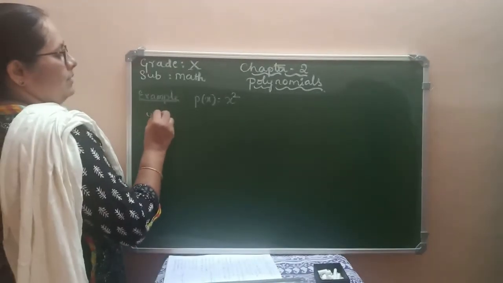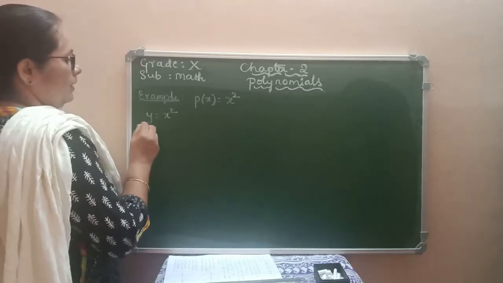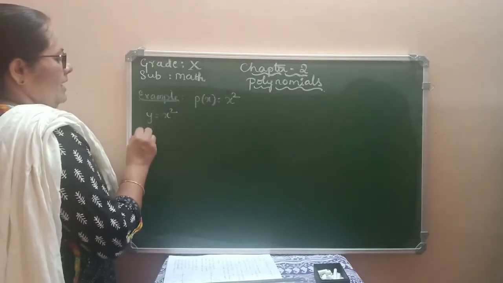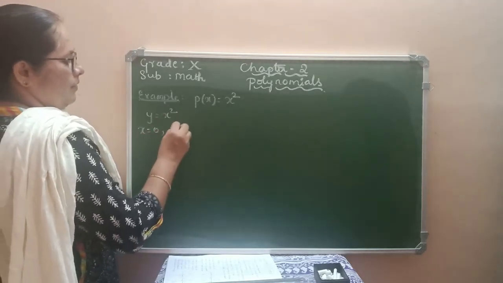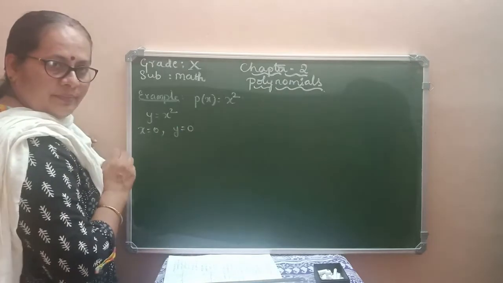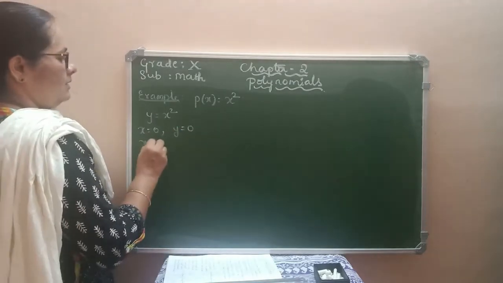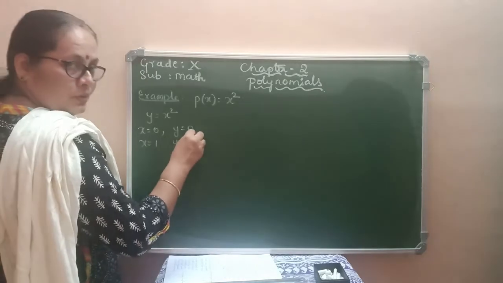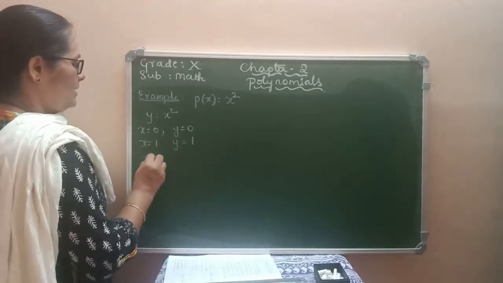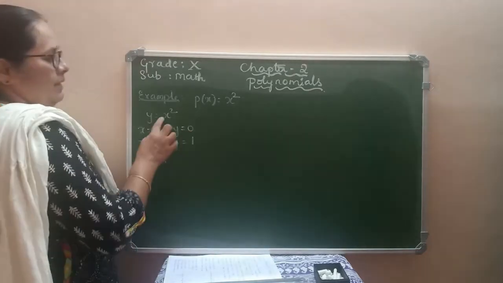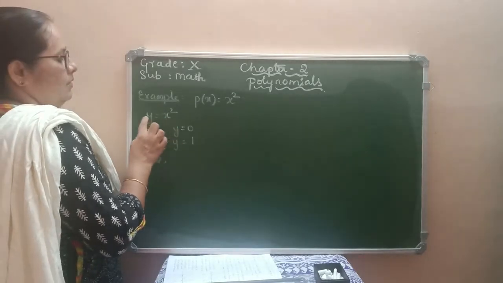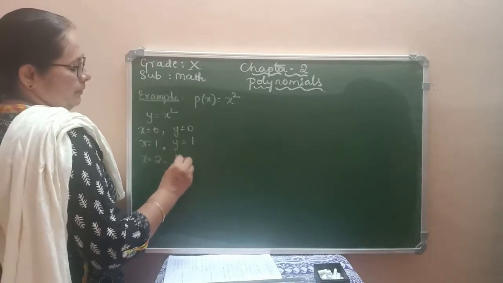So y equals x square. When x is 0, y is also 0. When x is 1, y is also 1. When x is 2, then y equals 4.